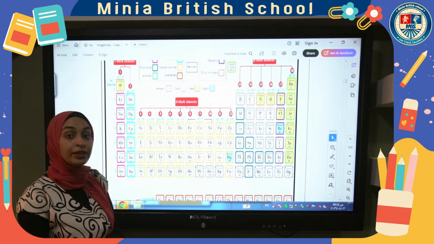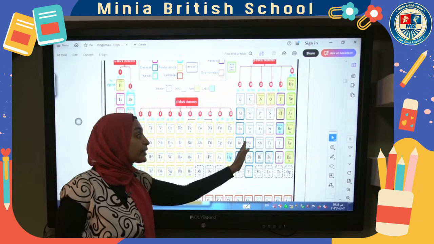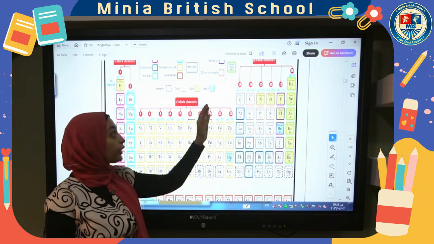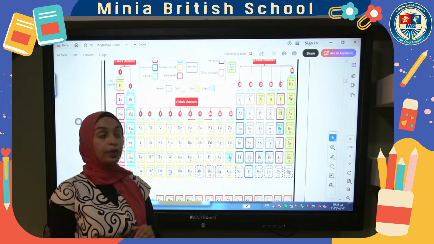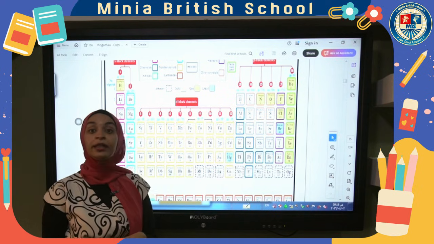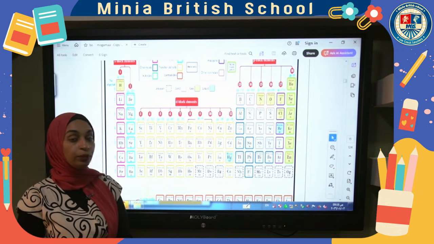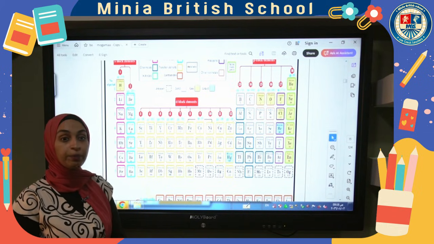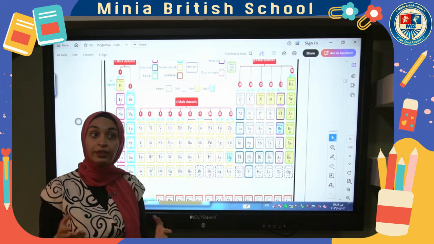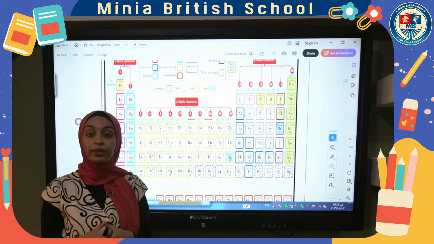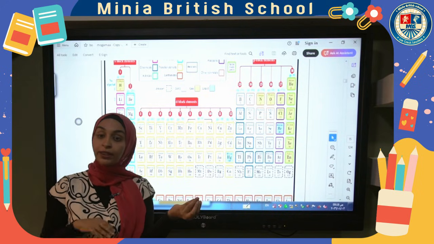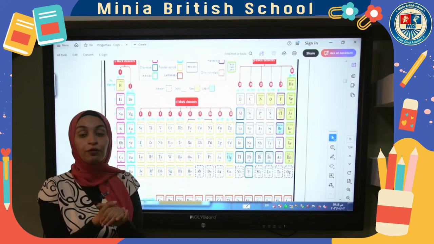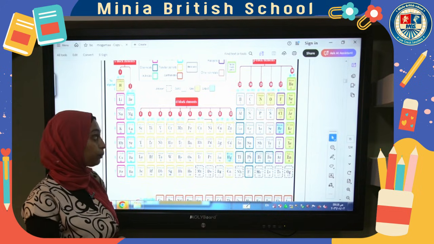The P block in grade 7 consists of 6 groups from 3A to 0. The P block contains less active metals like aluminium, 13, 2, 8, 3, contains metalloids, and we say the metalloids are elements that have the properties of metals and also the properties of non-metals.